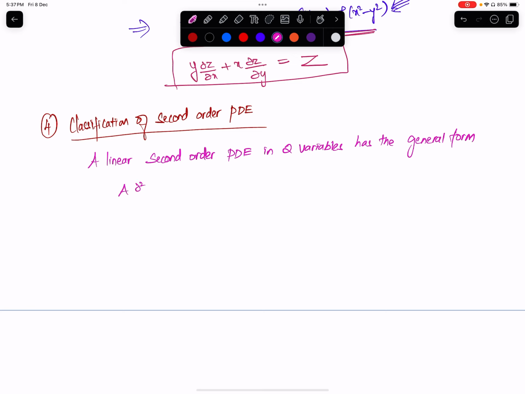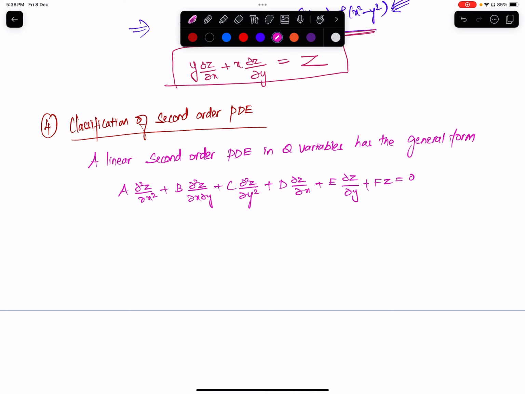A ∂²z/∂x² plus B ∂²z/∂x∂y plus C ∂²z/∂y² plus D ∂z/∂x plus E ∂z/∂y, then plus Fz equal to 0.